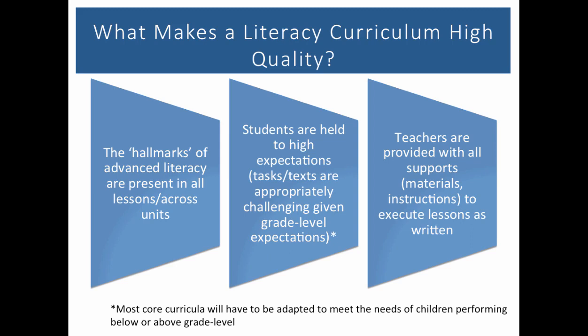Now, of course, curriculum will have to be adapted to meet the needs of children who might be performing below grade level. But a primary concern that we have for our English language learners that surrounds curriculum is that often we find that they're very rarely exposed to grade level content and to grade level text. And so part of our focus in this webinar on exposing children to appropriately challenging grade level text is that it is within those texts that they are exposed to the ideas that are at the level that they can comprehend given their developmental age.